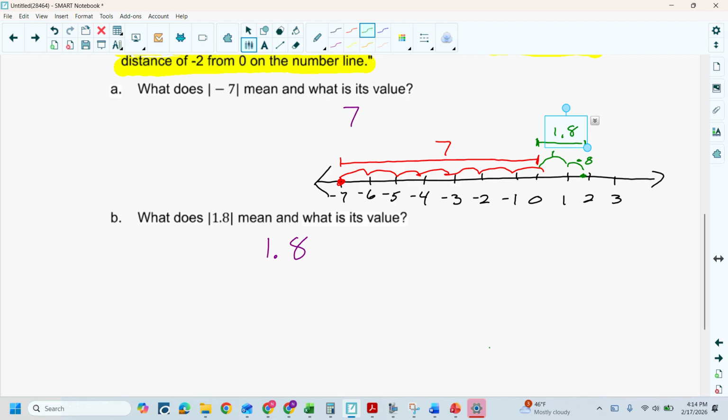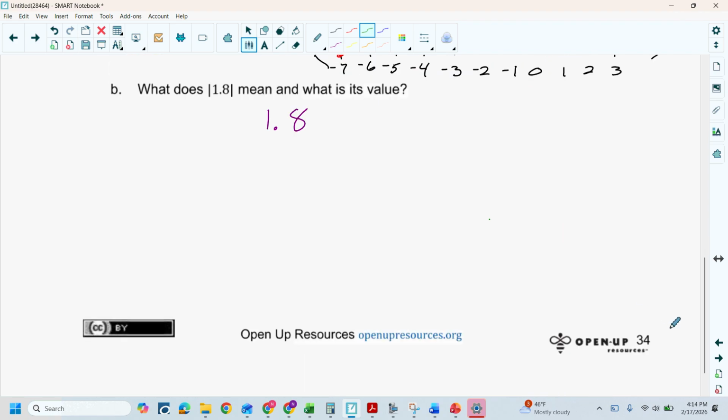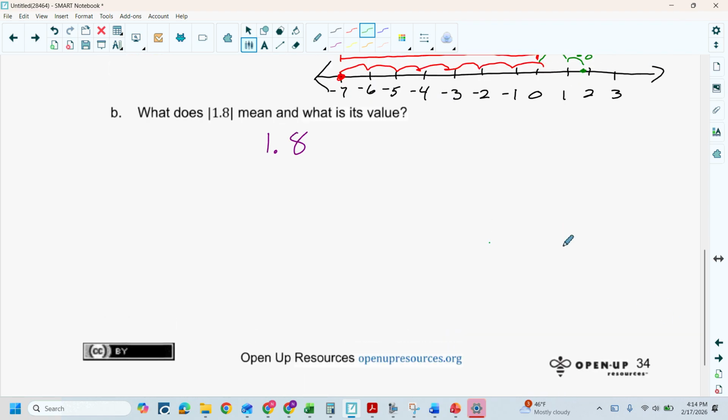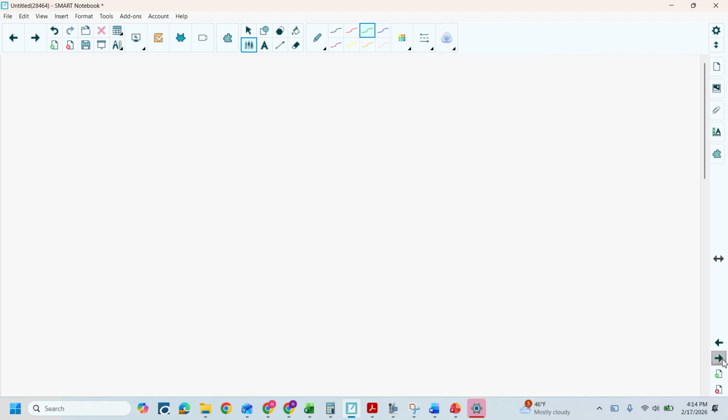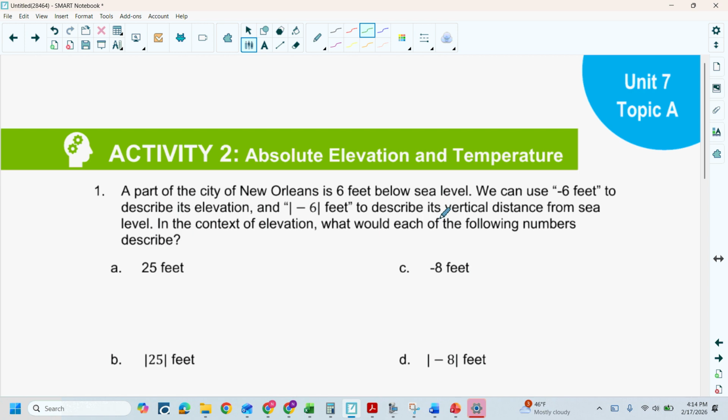Okay, and distance is always positive. You can't have a negative distance. It's like saying, here's a ruler, draw me -2 inches. Doesn't matter which way you draw the line, it's still 2 inches long. All right.